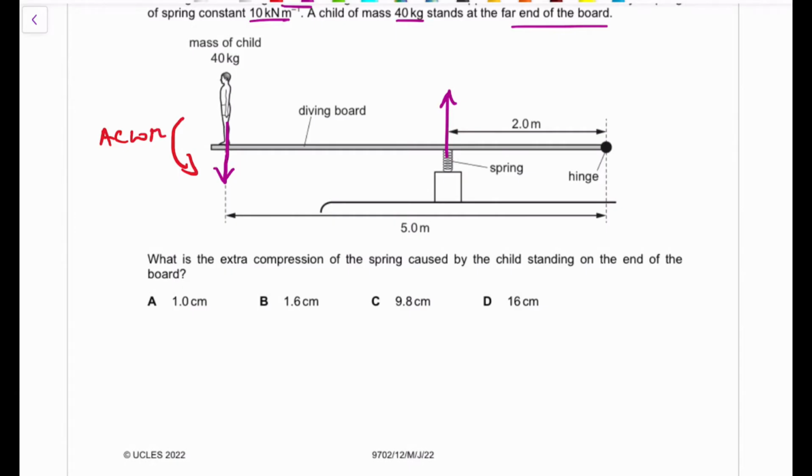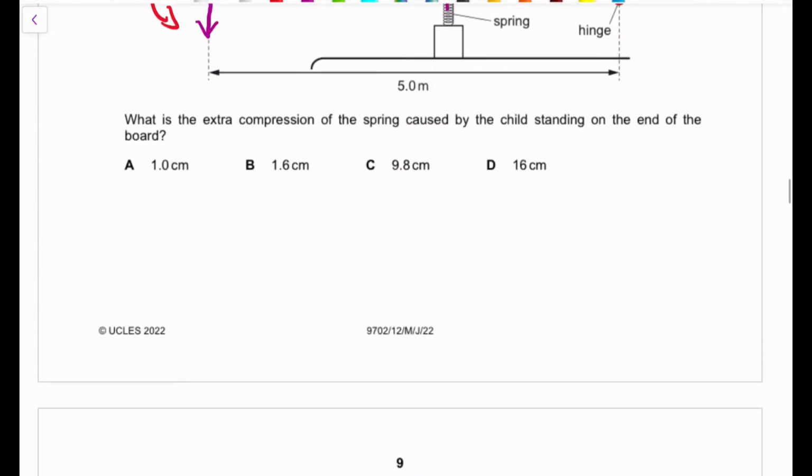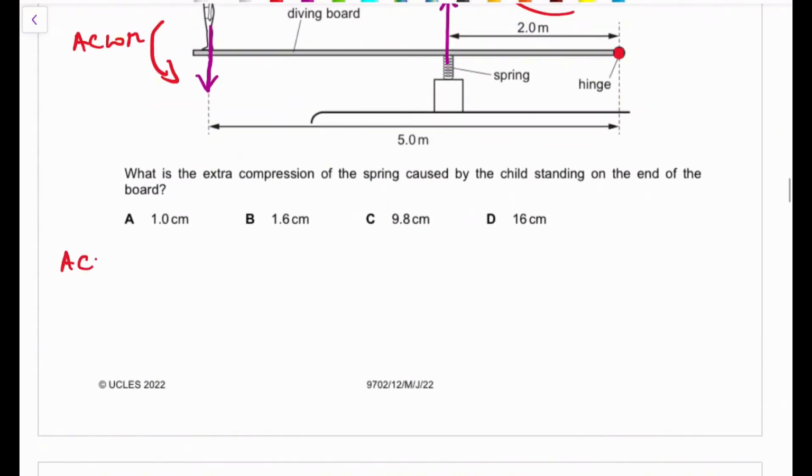We say that with regard to this pivot, this force is anti-clockwise, and this force is clockwise. I know that my anti-clockwise moments should be equal to my clockwise moments.